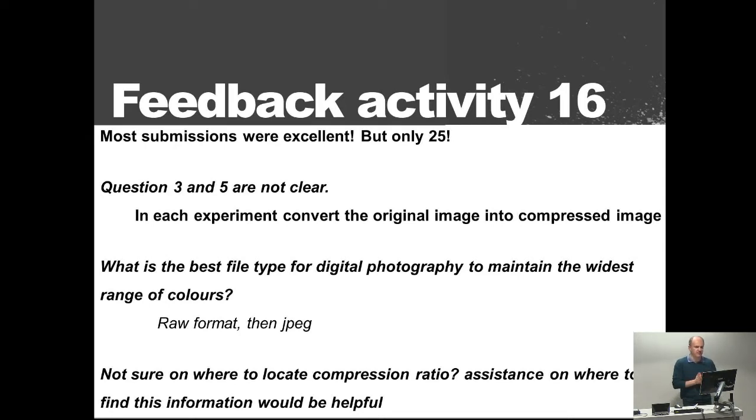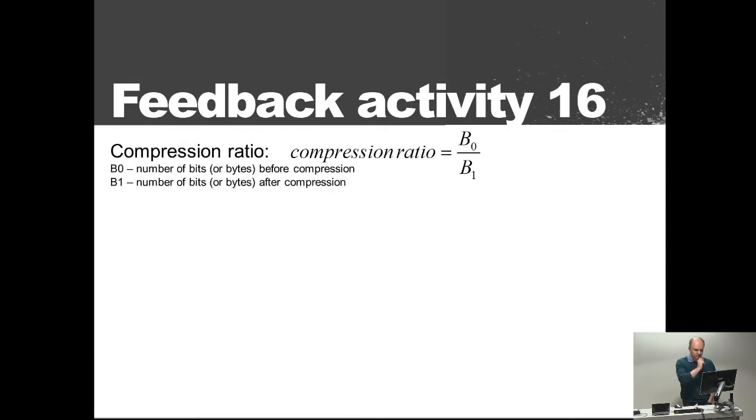The main issue in that activity was about calculating the compression ratio. Some people expected that some software would do it for them. Actually, you have to do the calculation yourself. So, to clarify the process for people who had troubles, I'm going to give an example.